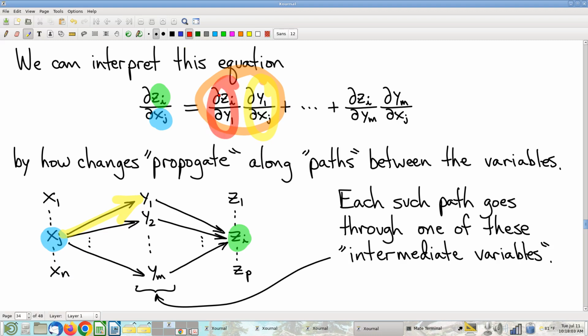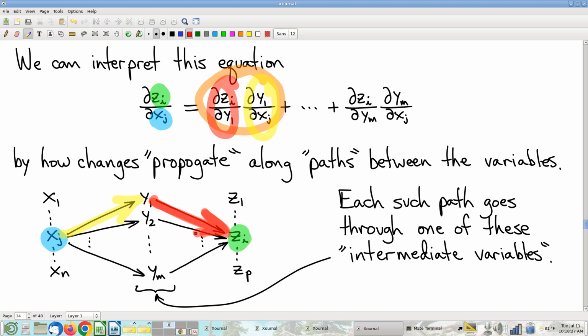what's going on with this term, partial of zi with respect to y1? Well, I'm going to draw that arrow. Because that says, okay, yeah, fine, xj changed, that caused y1 to change, but let's be honest, if y1 changes, among many other things that happens, that change in y1 will also propagate along and cause a change in zi.